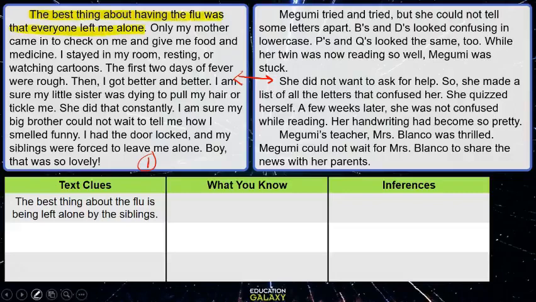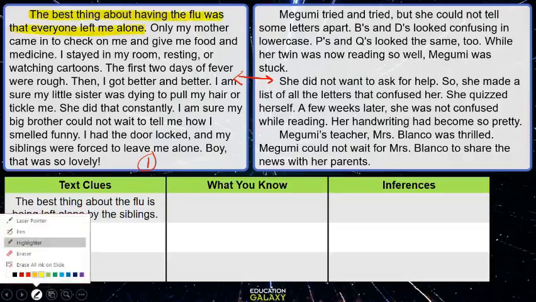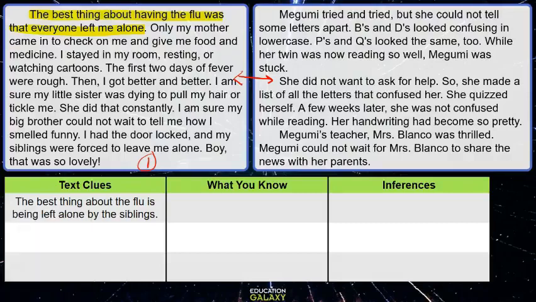Womp womp. Poor character. The only time he or she can be left alone is when he is sick. Isn't that so sad? Well, that's probably the case for many kids, though. So what do you already know? Siblings can be annoying. I mean, we won't tell your brother or sister, but they can be annoying, right? So this character also has annoying siblings.